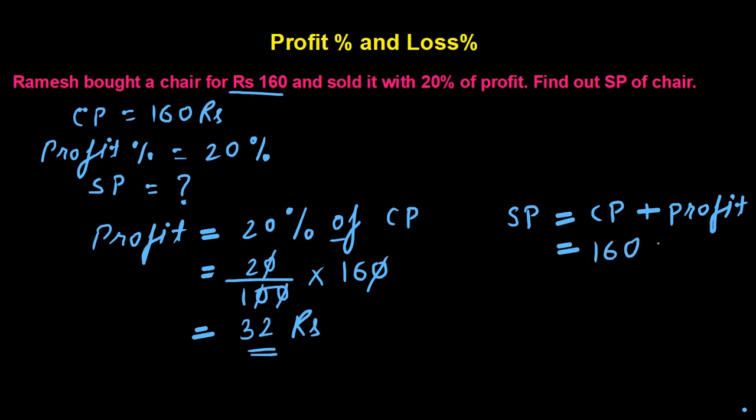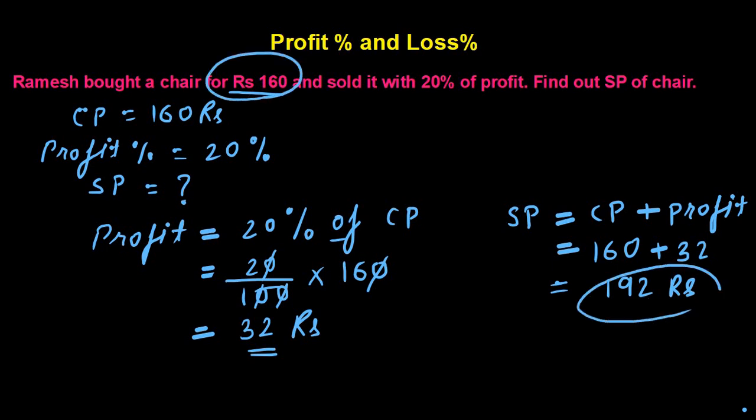So he bought it for 160, and as he wanted to sell it 20% more, and 20% of 160 is 32 rupees, we have to just add it here, 160 plus 32, that is 192 rupees, right? So he bought the chair for 160, and he sold it for 192 rupees, gaining the profit of 20%.